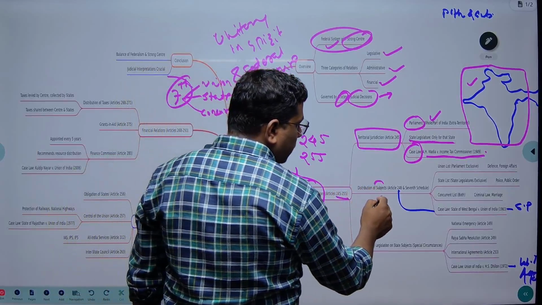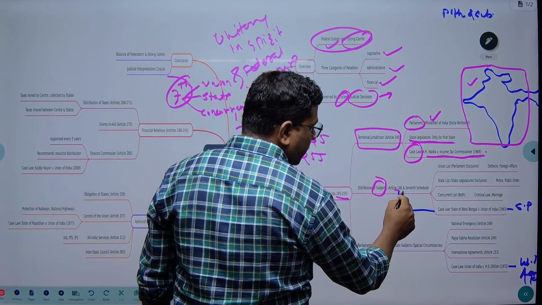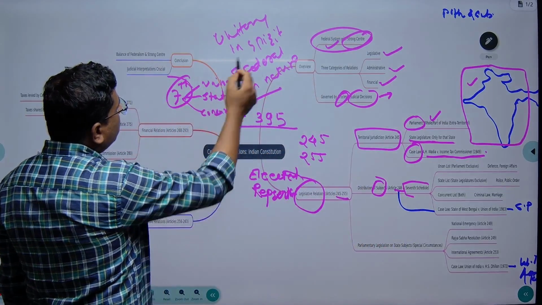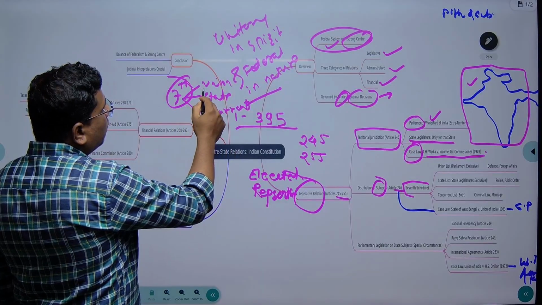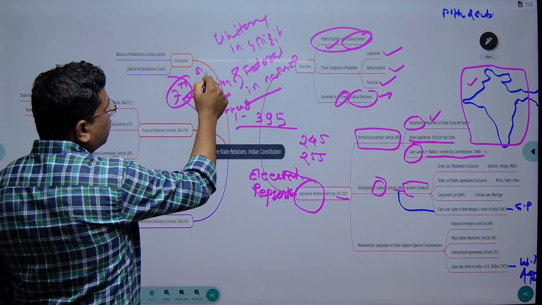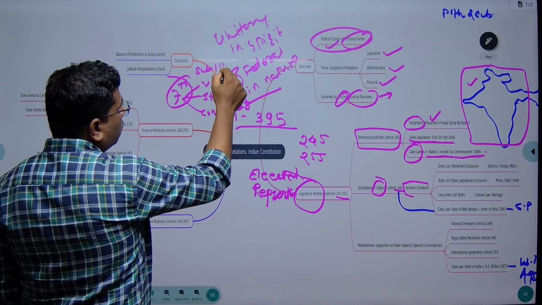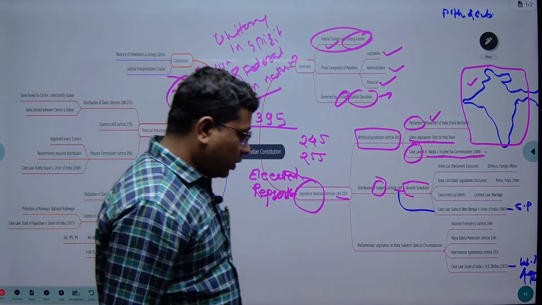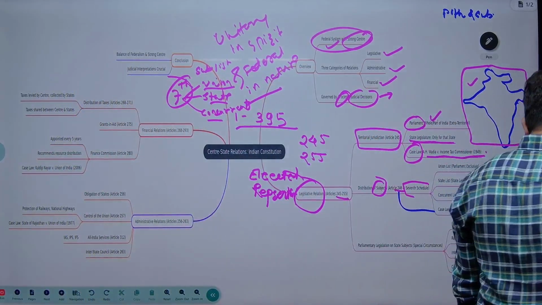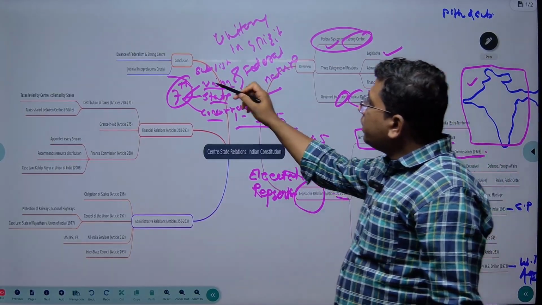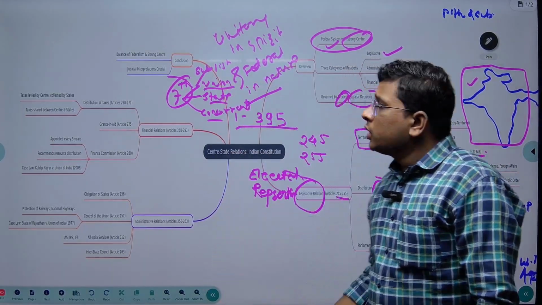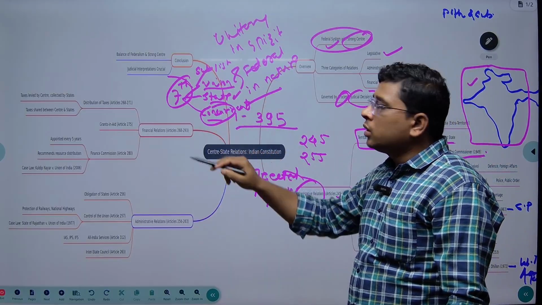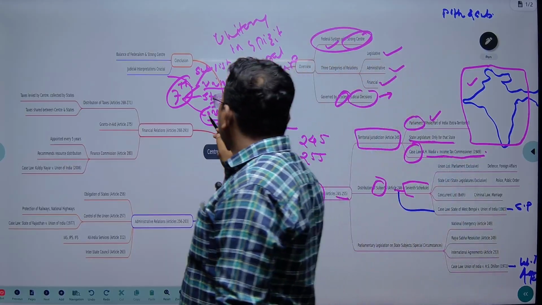Distribution of the subjects is under Article 246 and the seventh schedule. Now we see that the seventh schedule has the subject lists: union, state and concurrent list. So three types of lists are there. Parliament has absolute right in the union list, the state has absolute right in the state list, and in the concurrent list both can make laws.